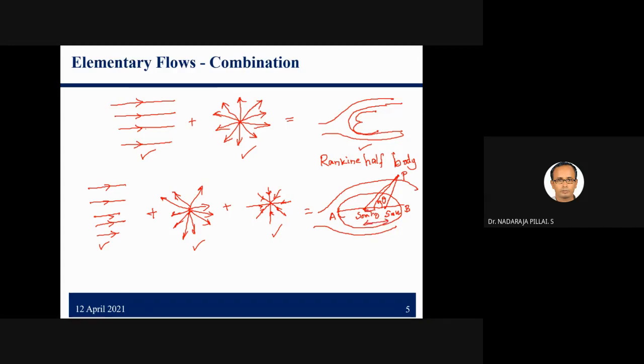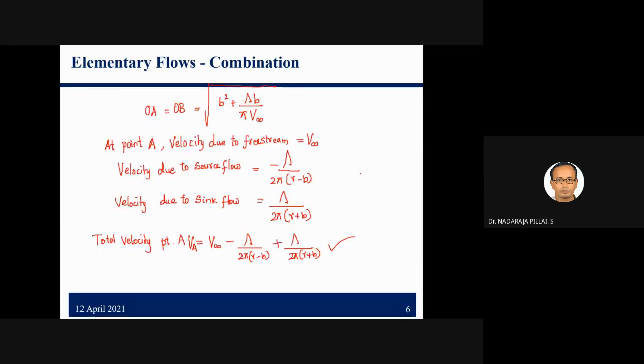So here it is b and here it is b. Then we got a Rankine oval, right? Now what I am saying is that the source flow and the sink flow are kept at some distance L, but that L becomes 0.